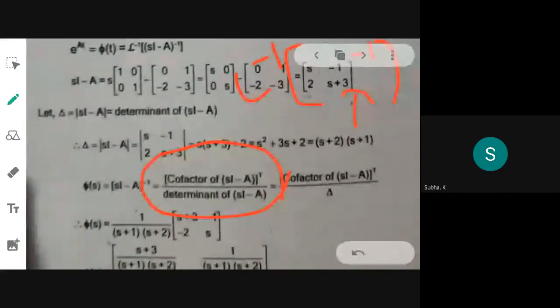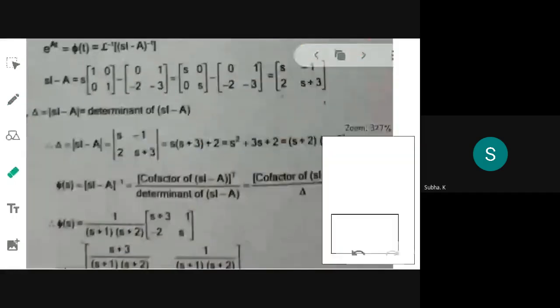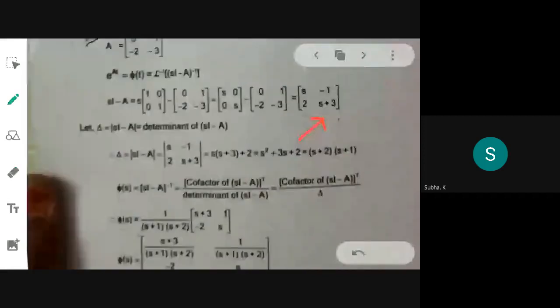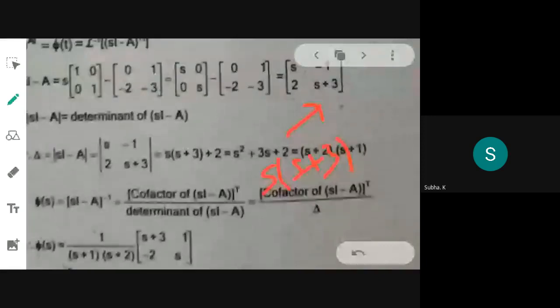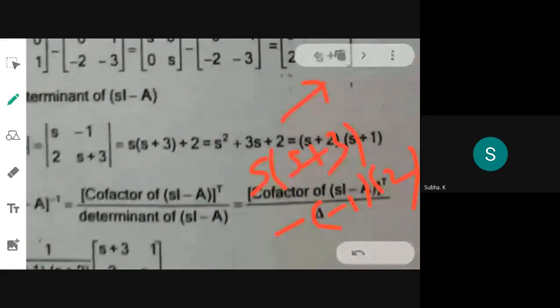Determinant is easy for you to find. The determinant of SI minus A: S into S plus 3, then minus of minus 1 into 2 you will get plus 2. So this is your determinant.